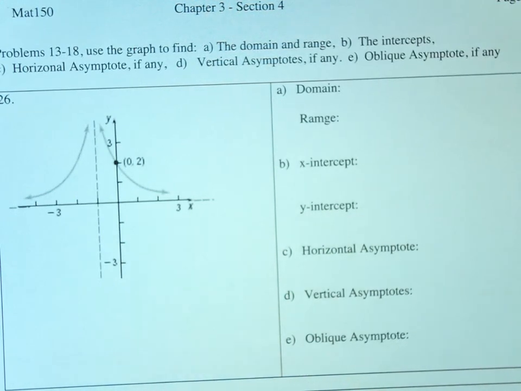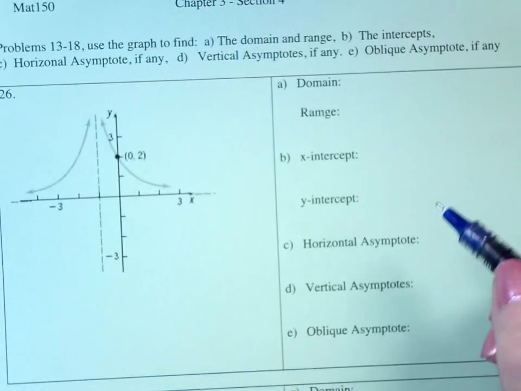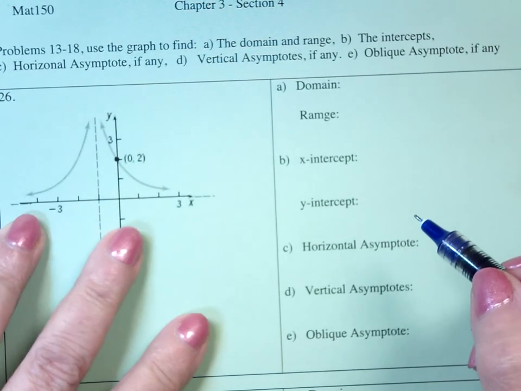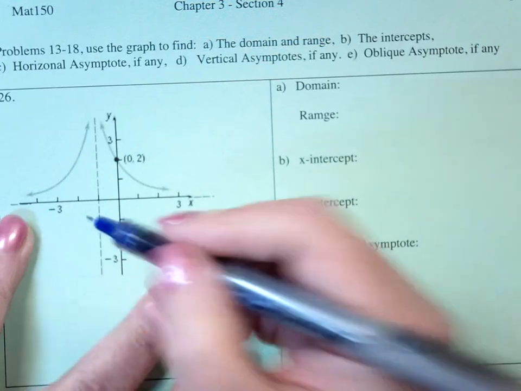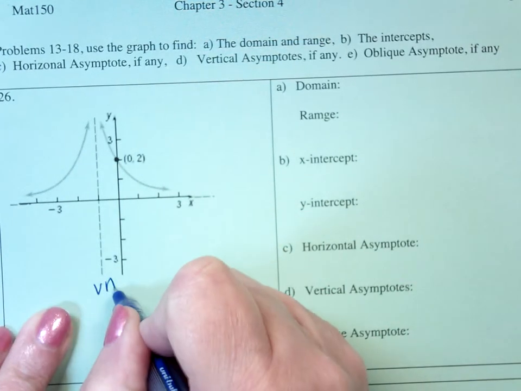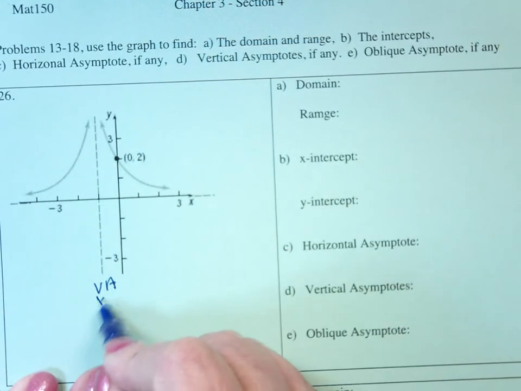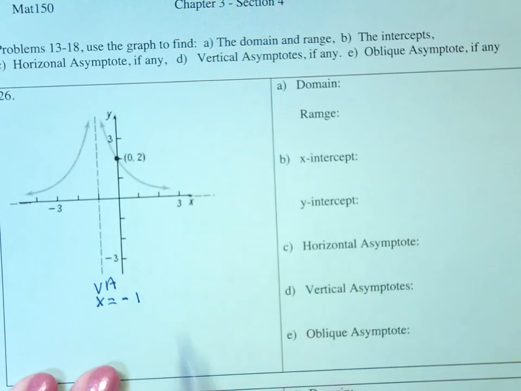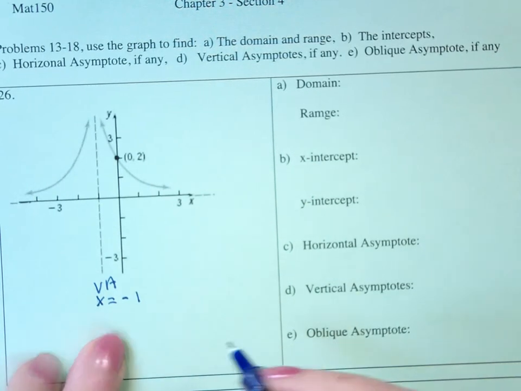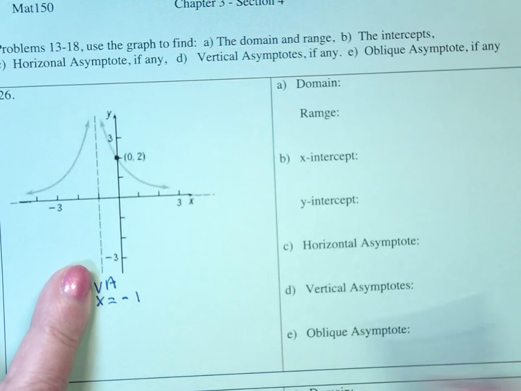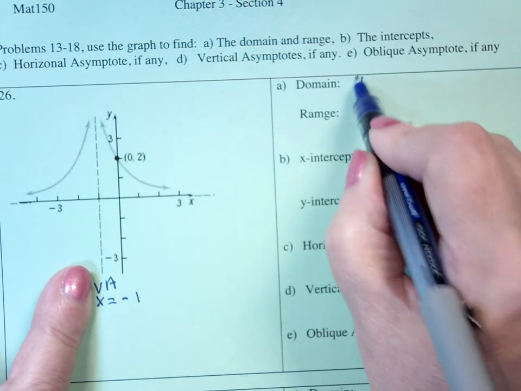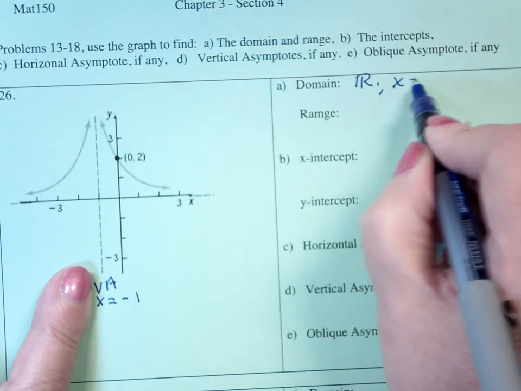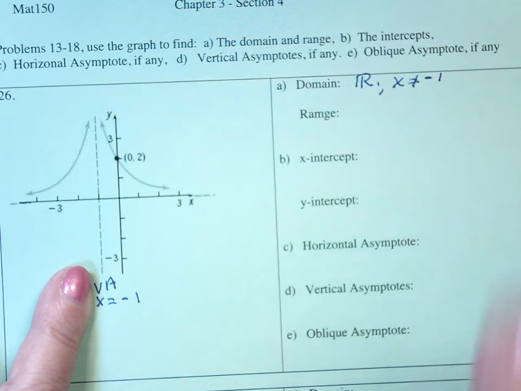That would be my guess. But first thing we look at is what is the domain. Well, you can see here is a VA. The VA is at x equals negative 1. And VAs are not in the domain, so from the picture, it's all real numbers except x can't be negative 1.